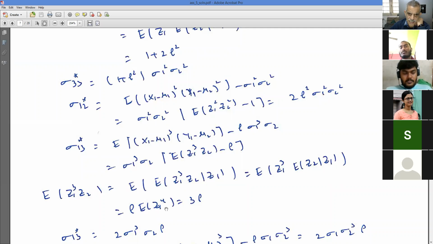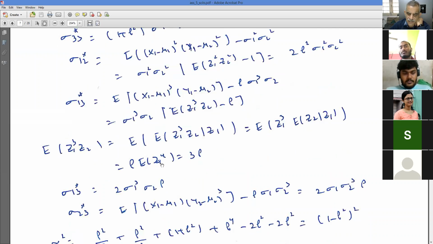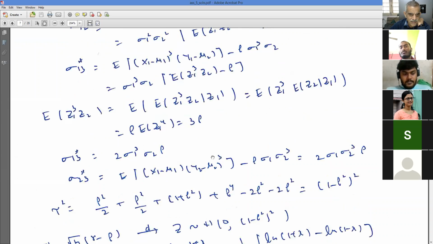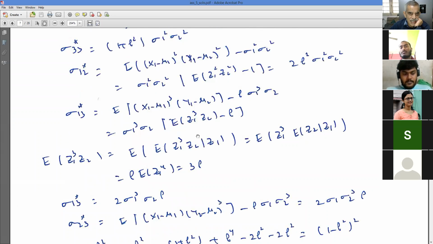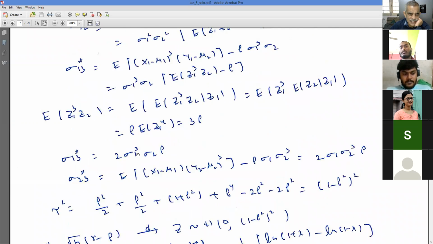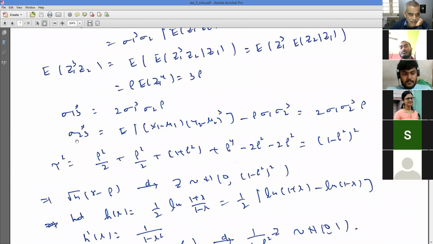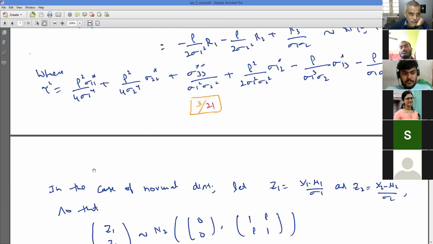So which becomes rho times expected Z1 to power 4. Z1 is univariate normal 0, 1, so it is 3, its kurtosis, because variance is 1, so it is 3 rho. So sigma 1, 3 star, I put the value over here, I get as this. Similarly, I can find sigma 2, 3 star, which is this quantity minus rho, and this turns out to be this quantity. So then I can put all these values in tau square.